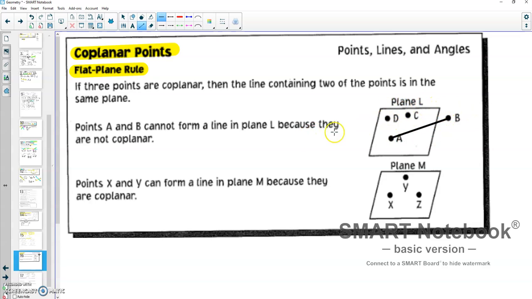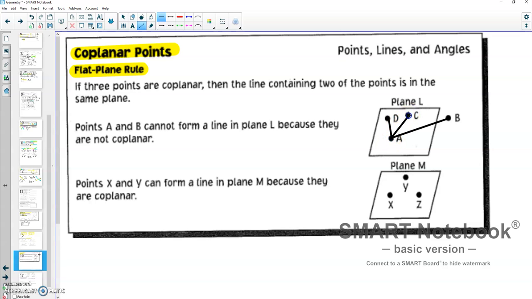No. This is not inside, so it's not coplanar. But what if I said point A and D? What would happen there? So let me draw a line from A to D. Is this entire line inside plane L? Yes. So points A and D are coplanar.